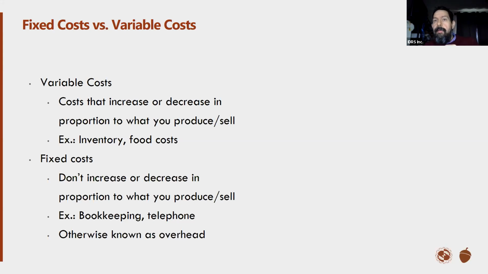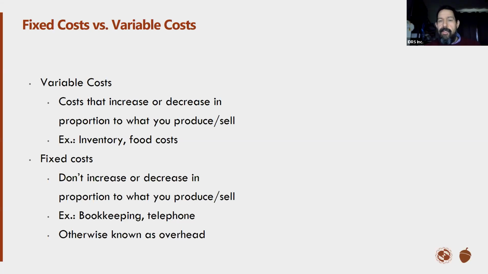But if you produce nothing in a month, you should have zero in food cost. And that's not technically true, because what you'll typically do is buy that food, and that will tend to spoil, right? If you're looking at inventory, though, you may have bought the inventory, but you can't expense that until you sell it. So you would actually have zero, but you're always going to have utilities. It may not be as much, but you'll always have some.